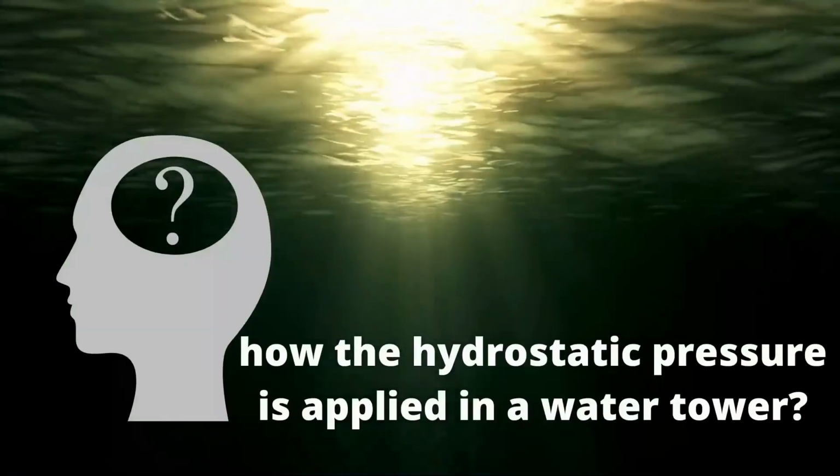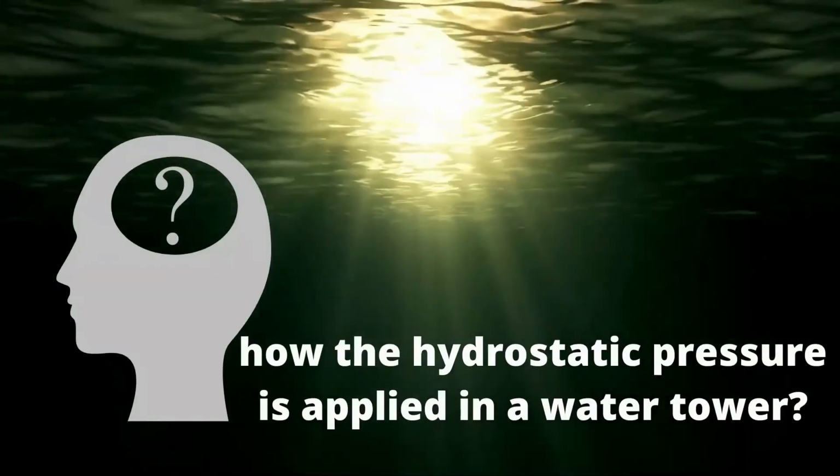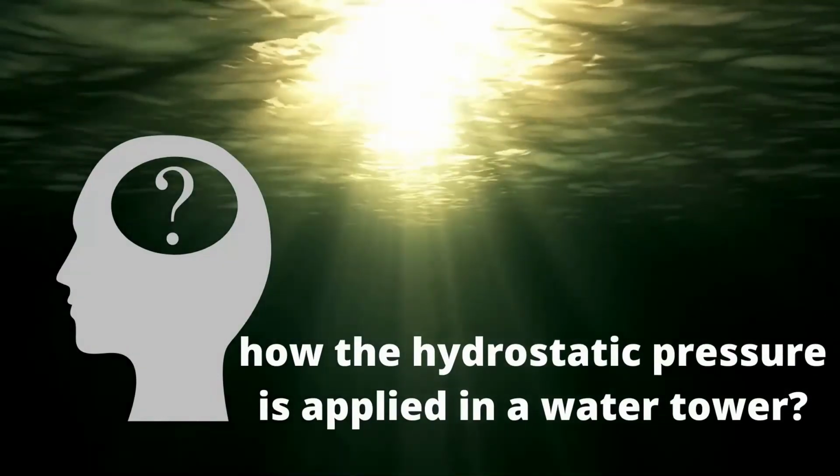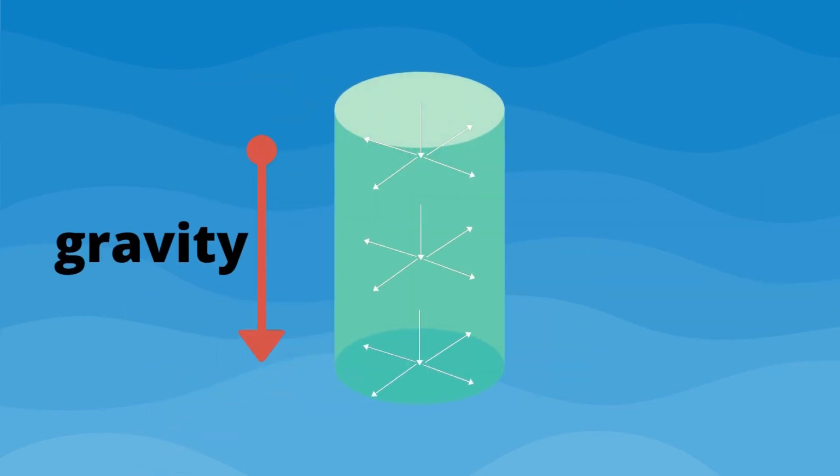Move on to the big question: how is hydrostatic pressure applied in a water tower? Before we proceed, a basic understanding of hydrostatic pressure is necessary. Here is a cylindrical container containing water. Hydrostatic forces are the resultant force caused by the pressure loading of a liquid acting on submerged surfaces.